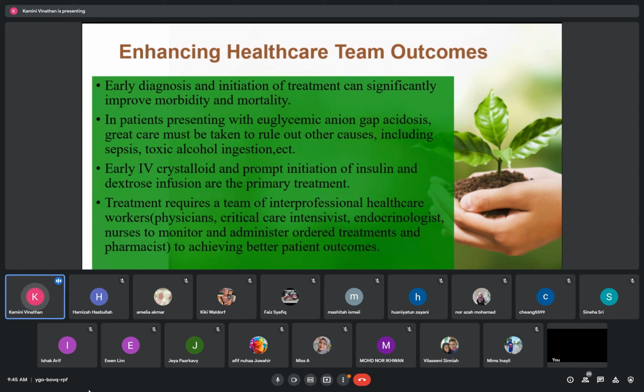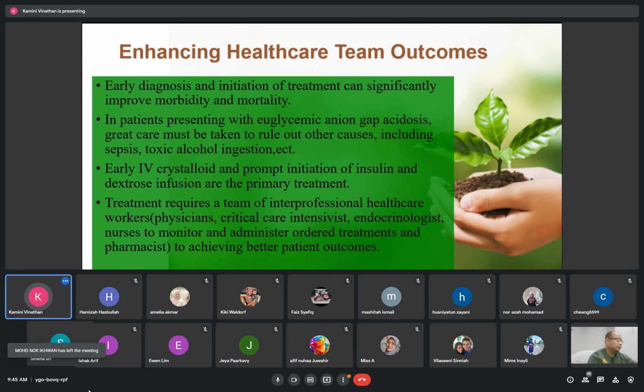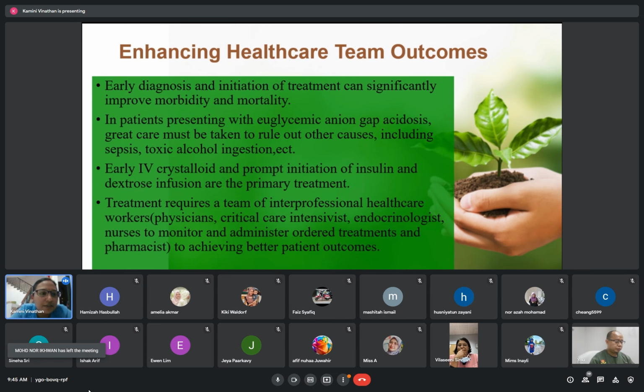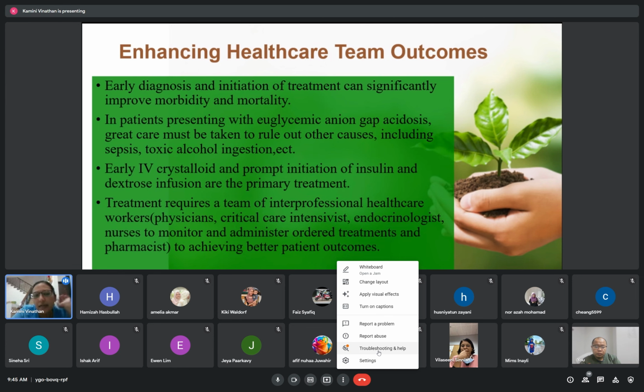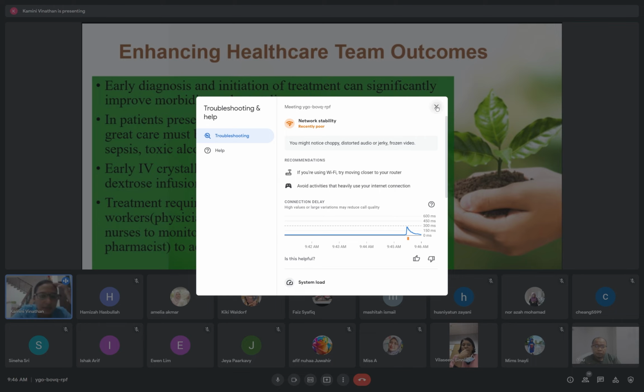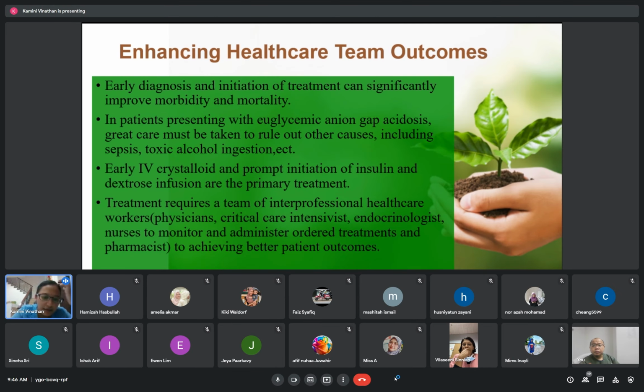In patients presenting with euglycemic anion gap acidosis, great care must be taken to rule out other causes, including sepsis, toxic alcohol ingestion, etc. Early IV crystalloid and prompt initiation of insulin and treatment requires a team of interprofessional healthcare workers like physicians, critical care interventionists, endocrinologists, nurses, and pharmacists to achieve better patient outcome.